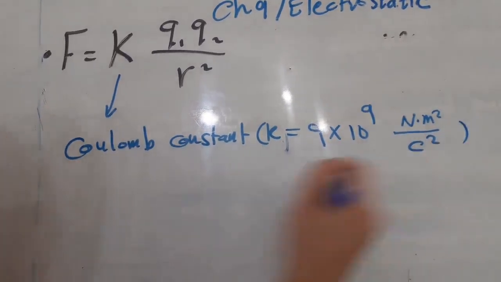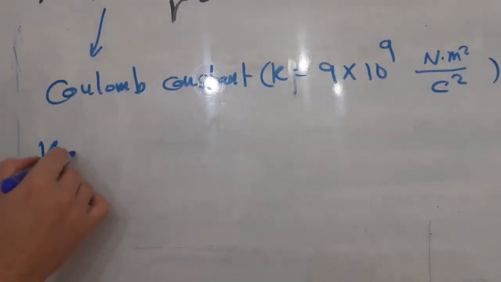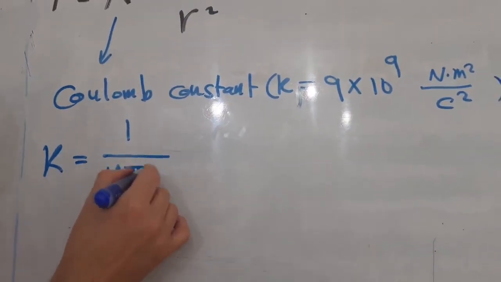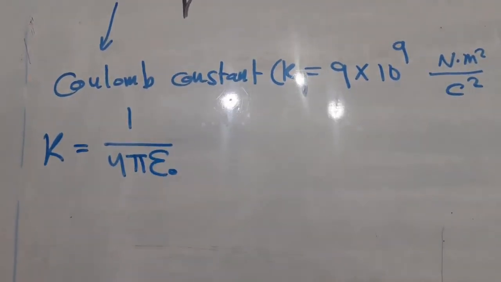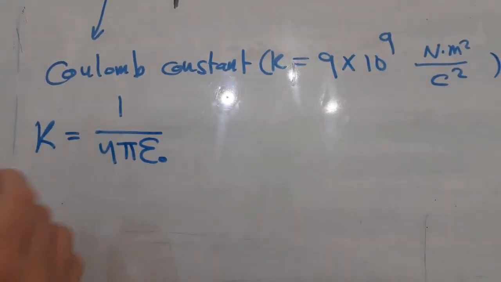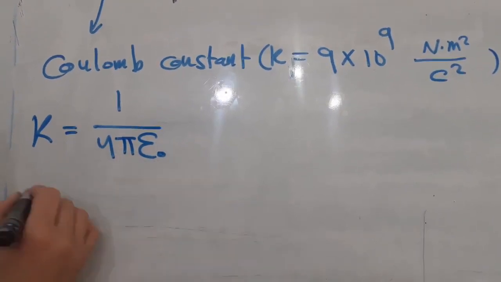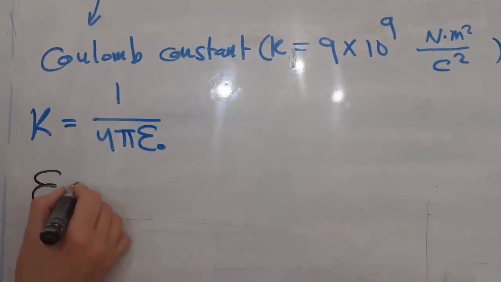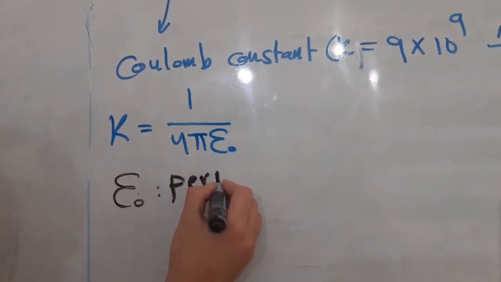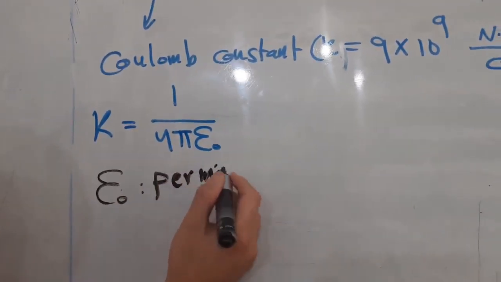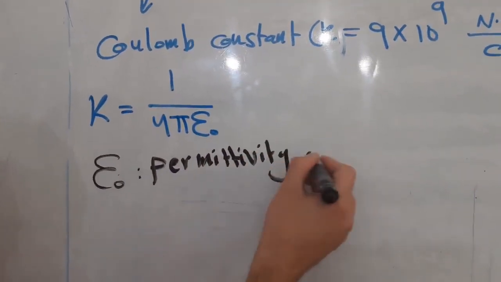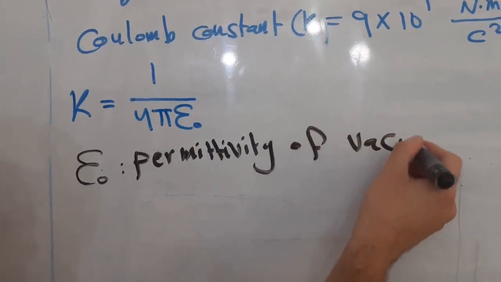Okay, and K equals 1 over 4 pi epsilon naught. Epsilon naught is the permittivity of vacuum.